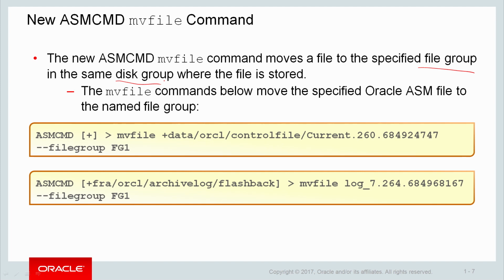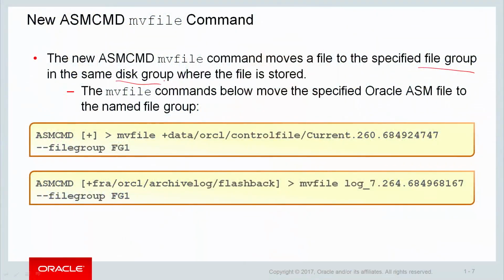The introduction of file groups inside the disk groups allows us to fine-grain those redundancy settings a bit more. So a file group would be a group of files that have the same availability options, the same configuration, if you like. These individual file groups are mapped to an individual database, be it a CDB or a PDB.